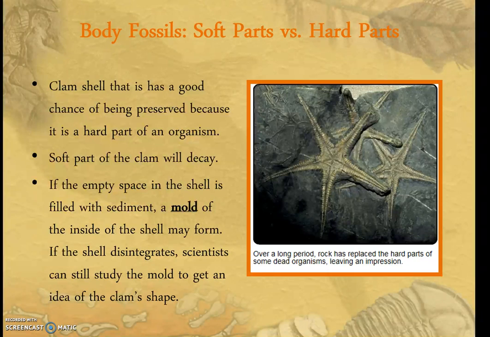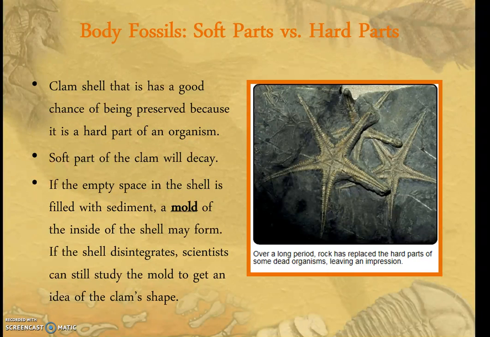So when you have a body fossil, there are soft parts or hard parts. For example, a clamshell has a good chance of being preserved because it is the hard part of an organism. The soft part of the clam inside will decay. If the empty space in the shell is filled with sediment, a mold of the shell may form.